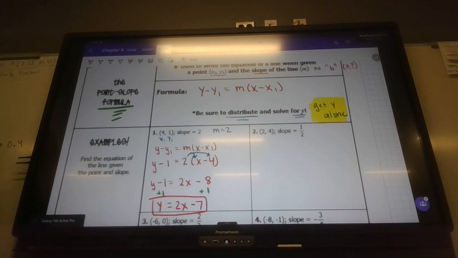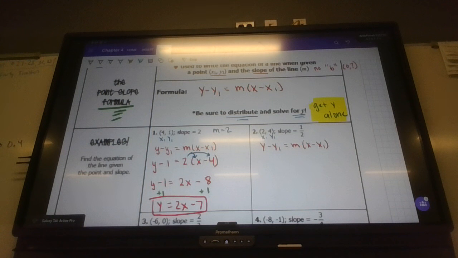I'll write the formula again right underneath. The point given goes in the x1 and the y1 spot. Is it x minus x1?